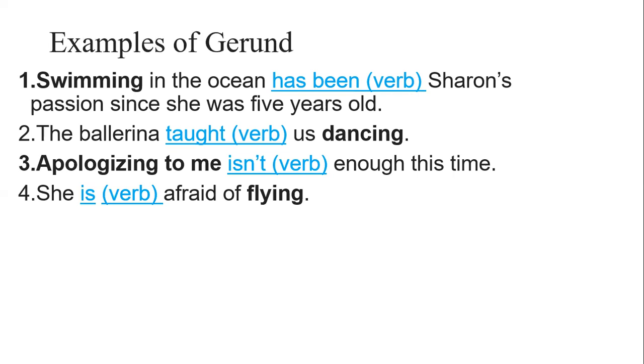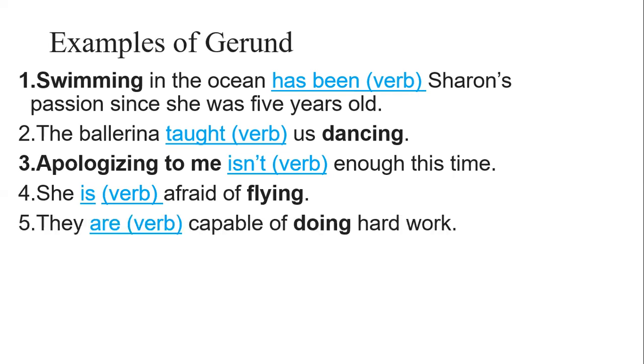So what are these? These are the names, right? So what is this? This is a gerund. They are capable of doing hard work. Are is a verb. Doing is what? It is not an action at the moment. It is a name. It's a gerund.